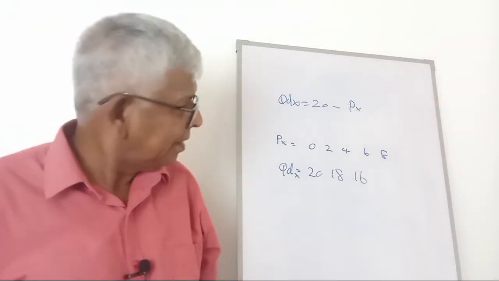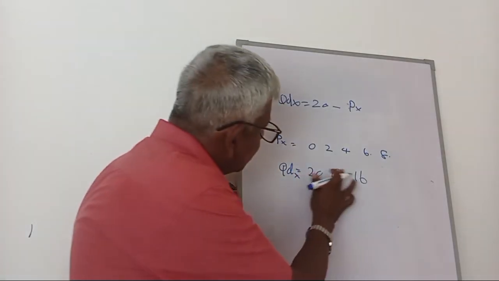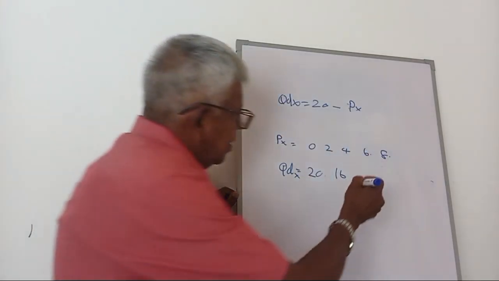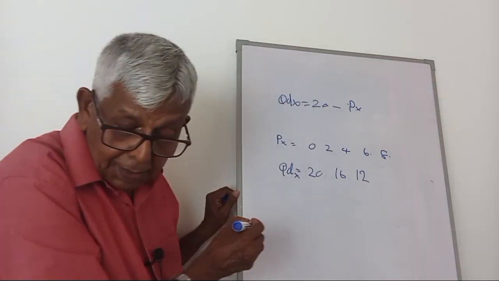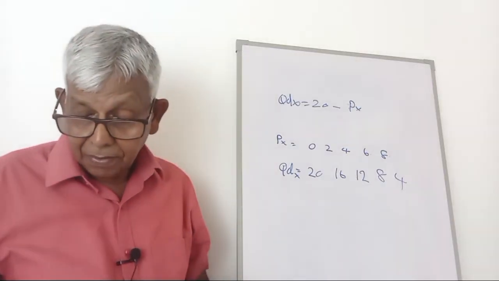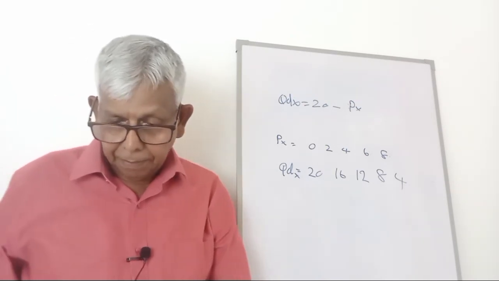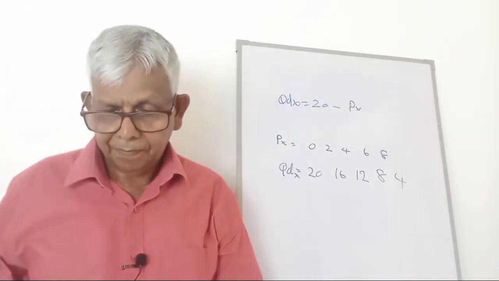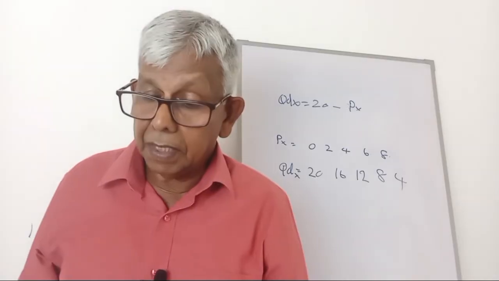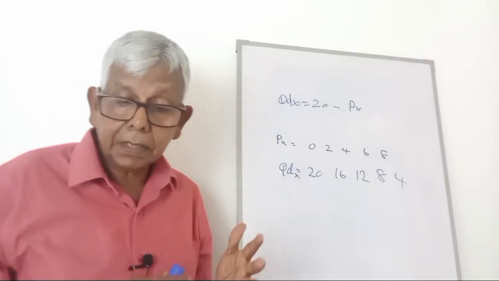We get 20, 18, 16 and so on. From the demand schedule also it is clear that the price and the quantity move in opposite directions, based on the values of QDX and PX.